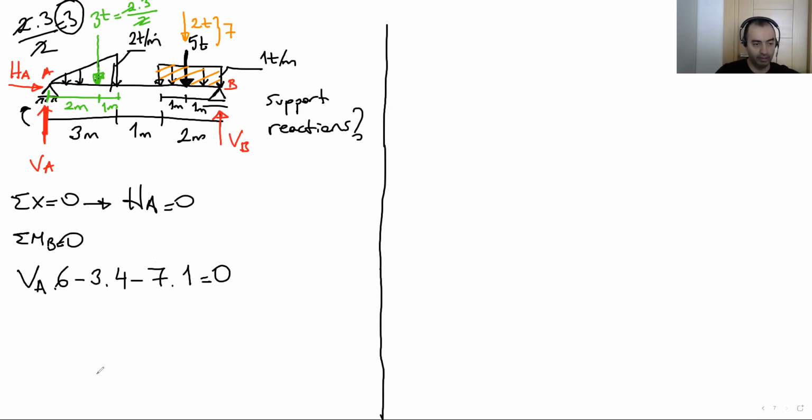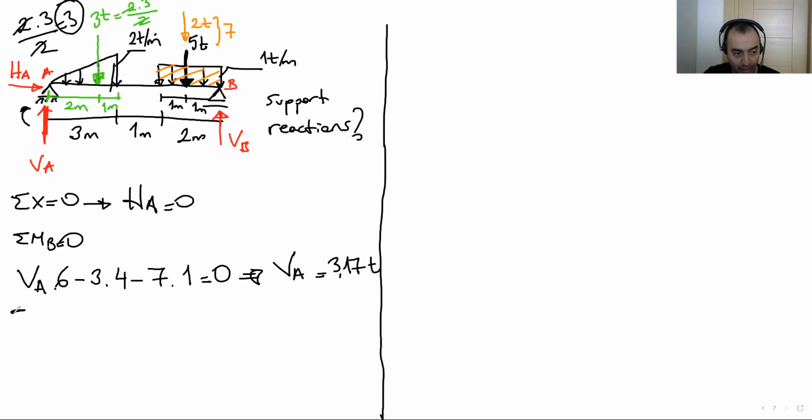Okay, I'm going to calculate it. I have my calculator here. I will do it with you because this is not a ready question. I just wrote this in my mind. 7 plus 12 over 6. Here, VA is 3.17 ton.